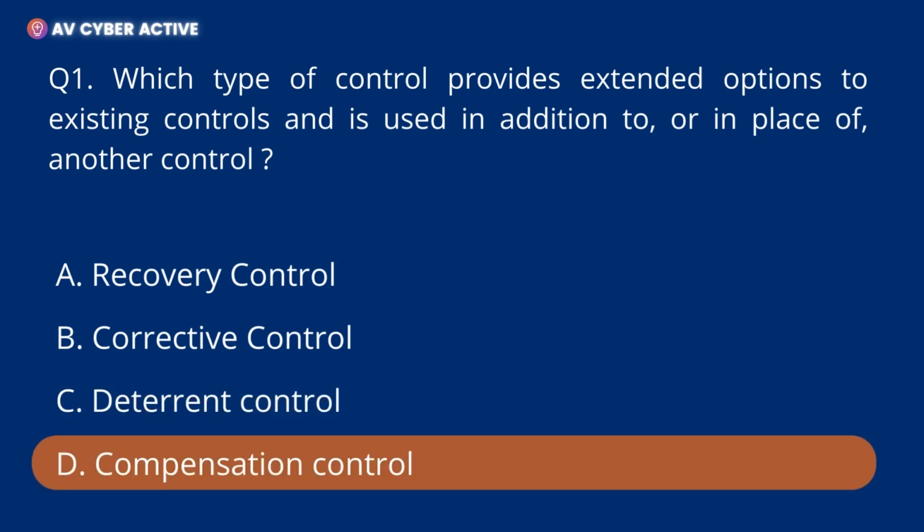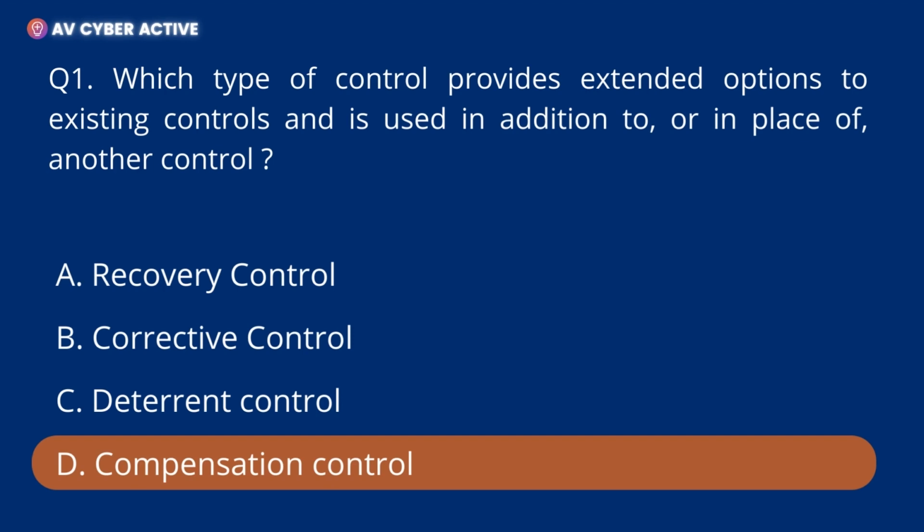Option D, compensation control. This one actually fits right in because the question says extended option in place of an existing control. If you just go by the grammar of it, you can already tell that a compensatory control is what it's looking for, but you would have to understand why a compensatory control is the correct answer here.